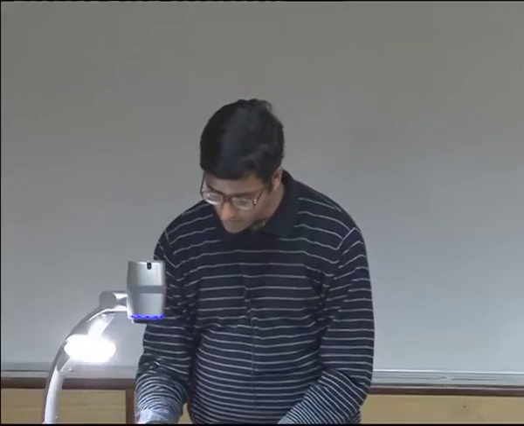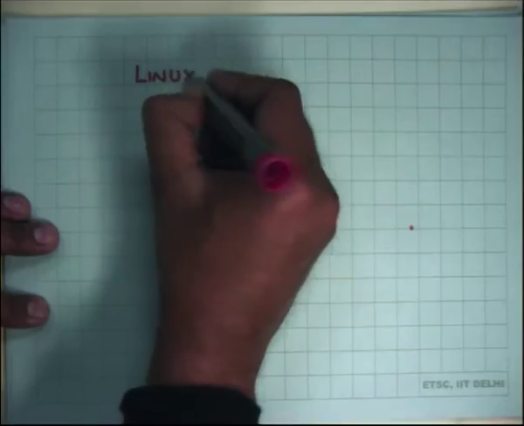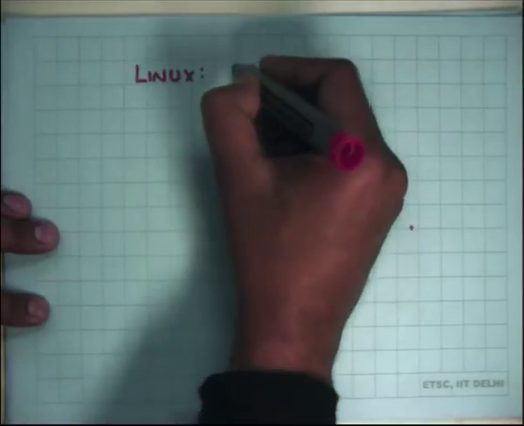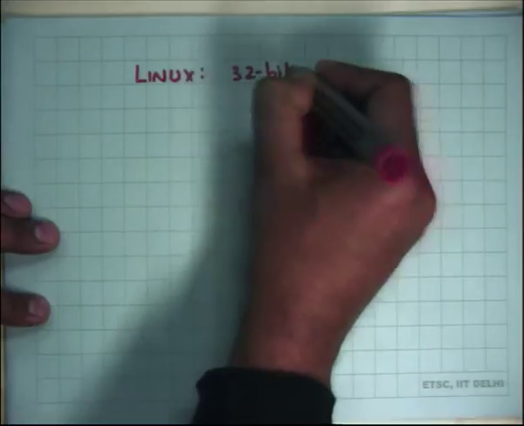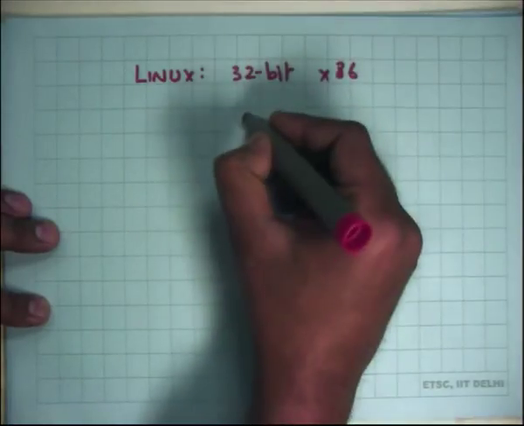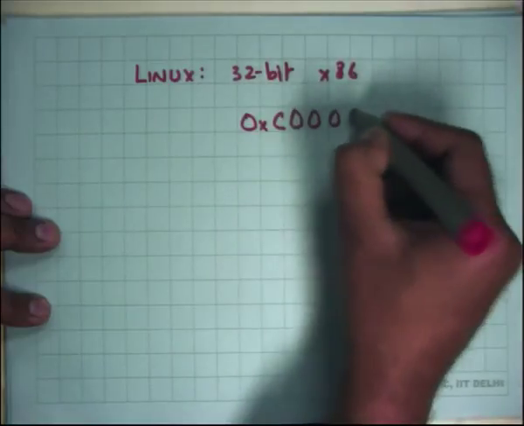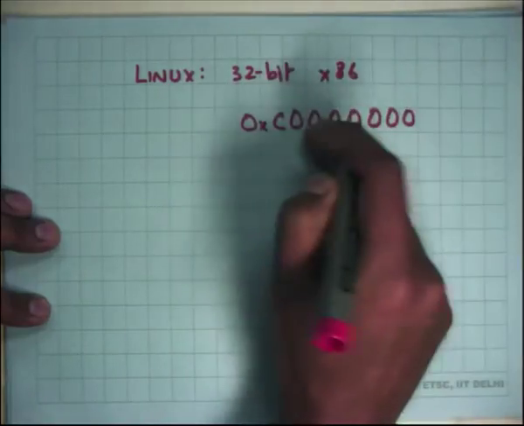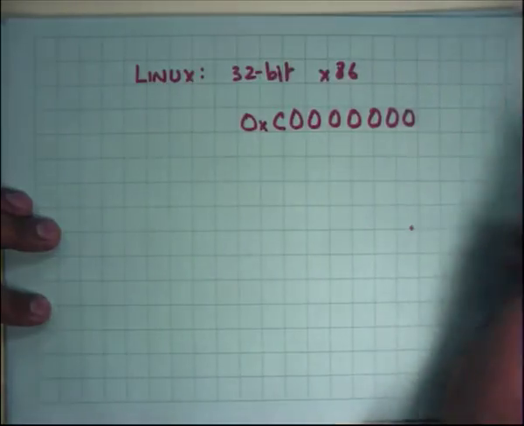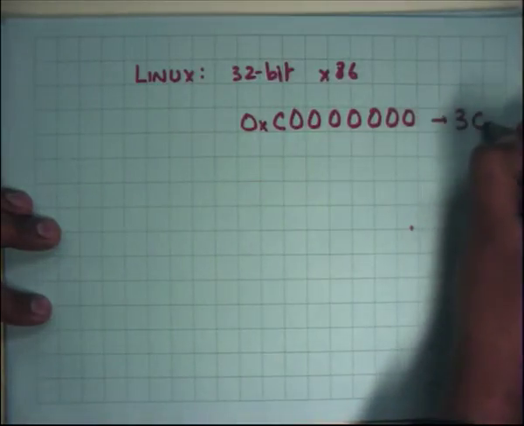Just some facts. Linux on 32-bit x86 starts the kernel address space at this address, which is 3 GB.